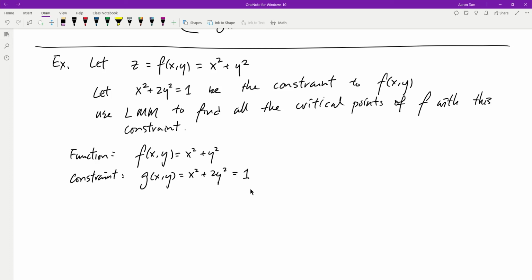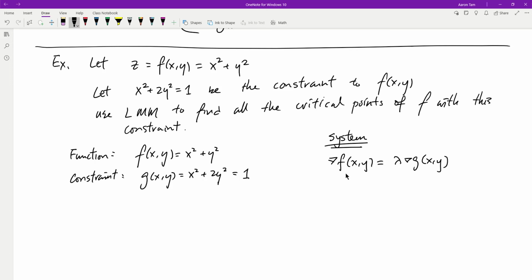So now let's try to form our system. What is our system? Our system will be: gradient of f of x y equal to lambda times gradient of g of x y. That's our first equation, but here's the tricky part.